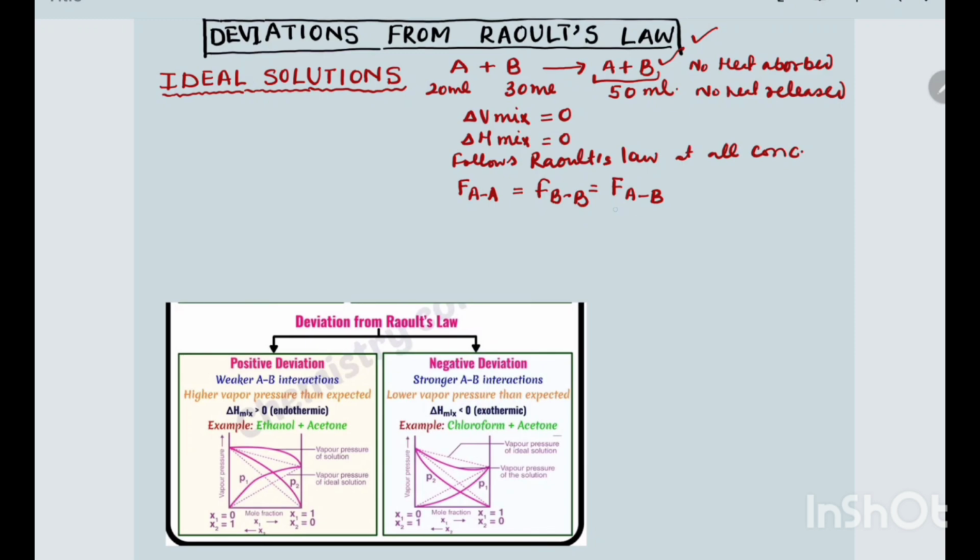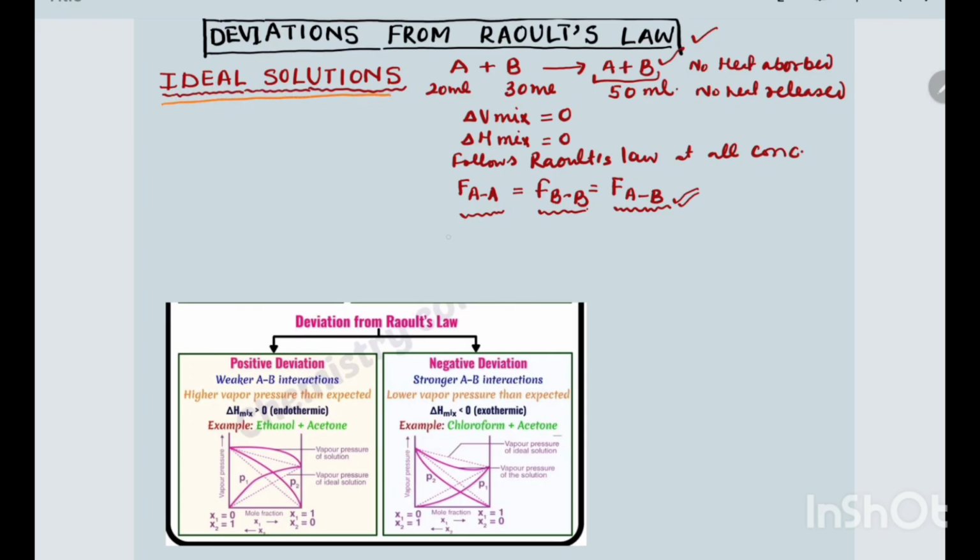So, if these three kinds of forces are equal, we say the solution is an ideal solution.